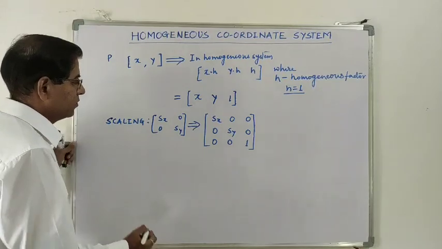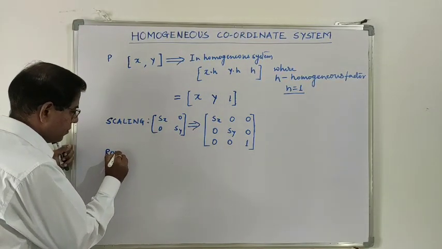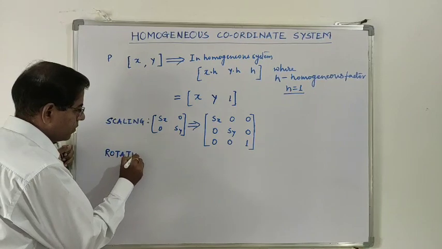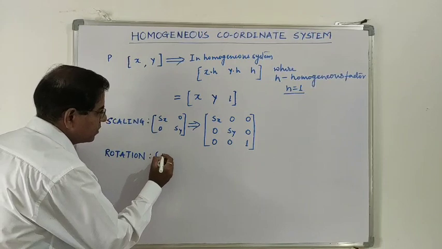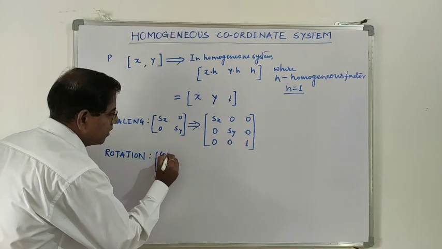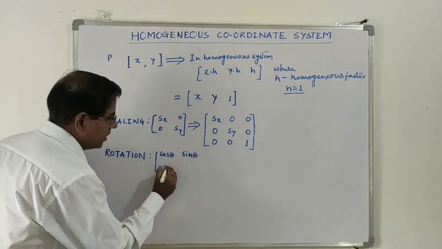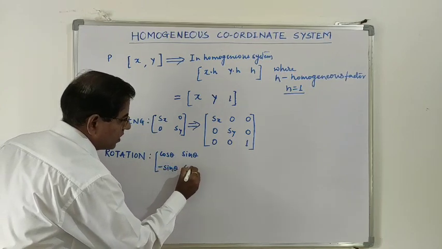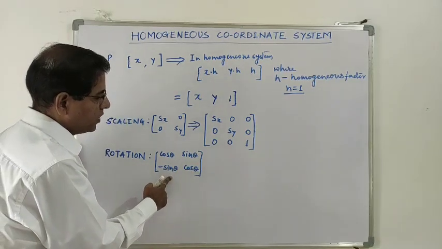Then rotation. So rotation matrix is what? Cos theta, sin theta, minus sin theta, cos theta. So this is the rotation matrix in non-homogeneous system.